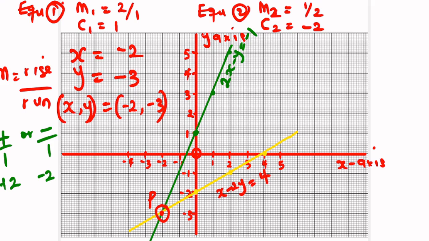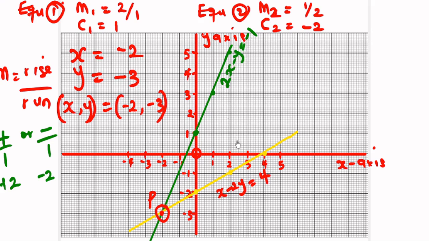Do not forget to label your graph so that your examiner or your teacher will be able to tell which graph you plotted. I'm actually working with 2 colors of marker here, but if you're writing in your book, you're working with a pencil. So your teacher will not be able to denote which graph is for equation 1 and which line is for equation 2. So that's why you have to always label your lines.